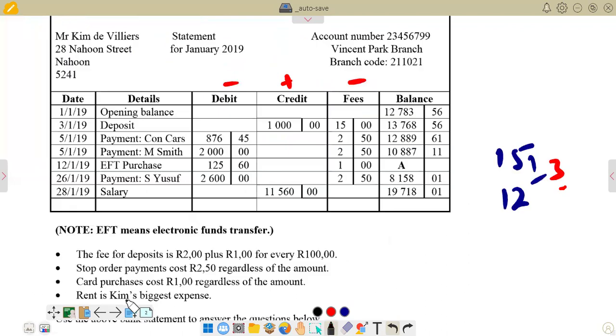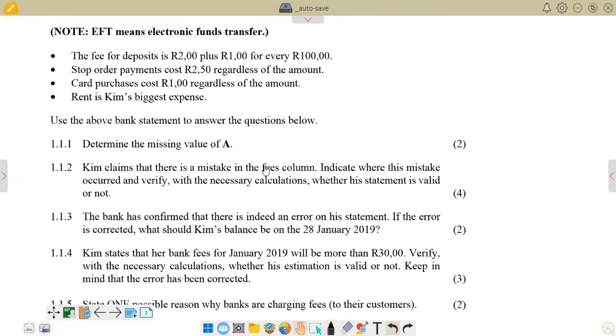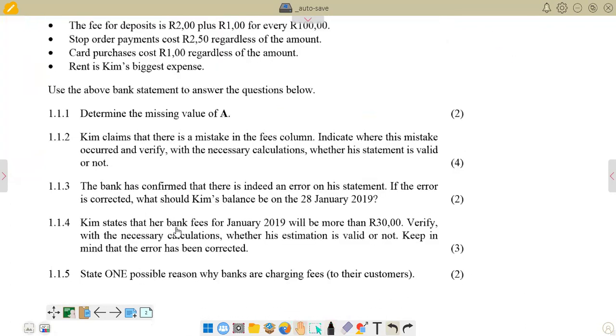Go to 1.1.4. Let's see what it says. On 1.1.4, it reads, Kim states that the bank fees for January 2019 will be more than 30 rand. Verify with the relevant calculation whether this estimation is valid or not. Keep in mind that the error is being corrected.